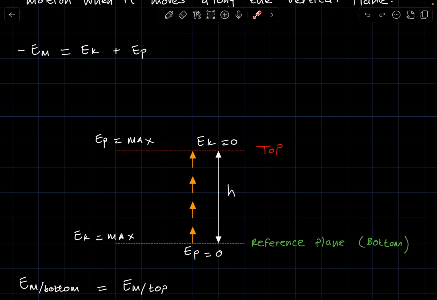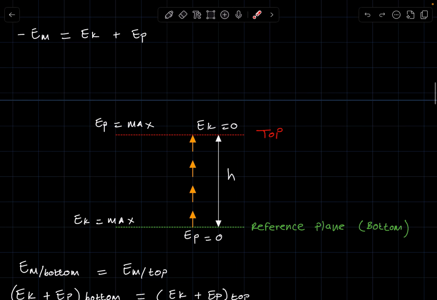Now let us look at the energies involved when an object is projected upwards, as long as the object is moving along the vertical plane.